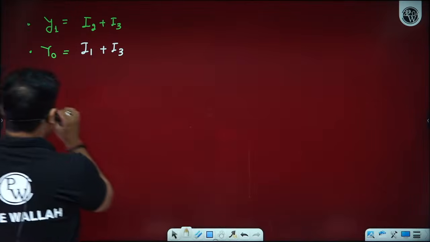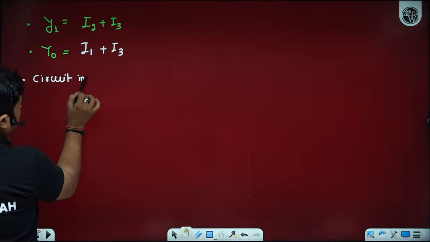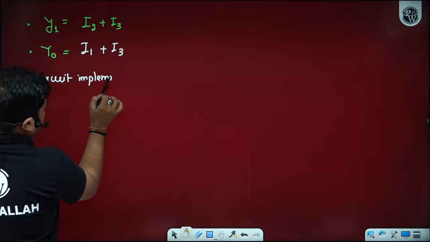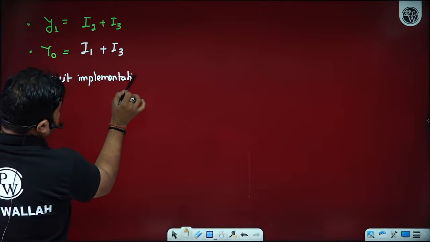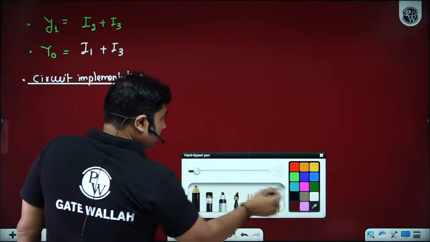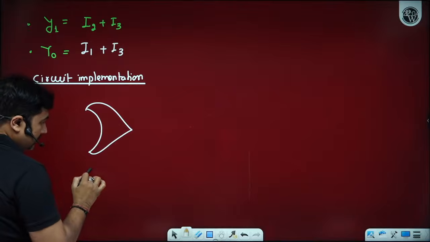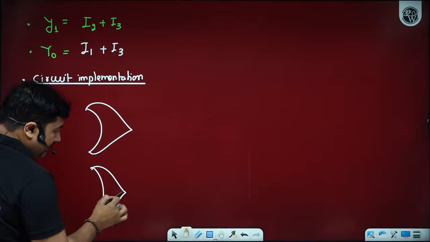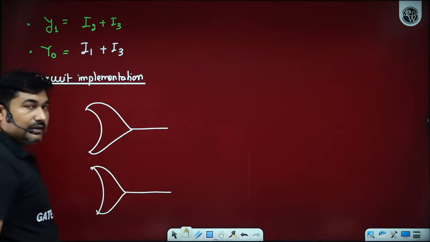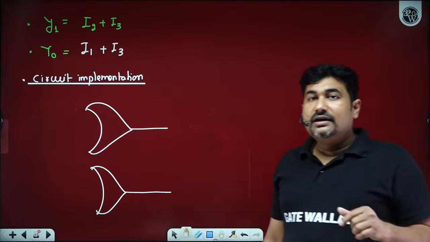Next is your circuit implementation. If we talk about circuit implementation, then sir, we need two OR gates. Very simple, sir. Decoder contains AND gate, encoder contains OR gate.